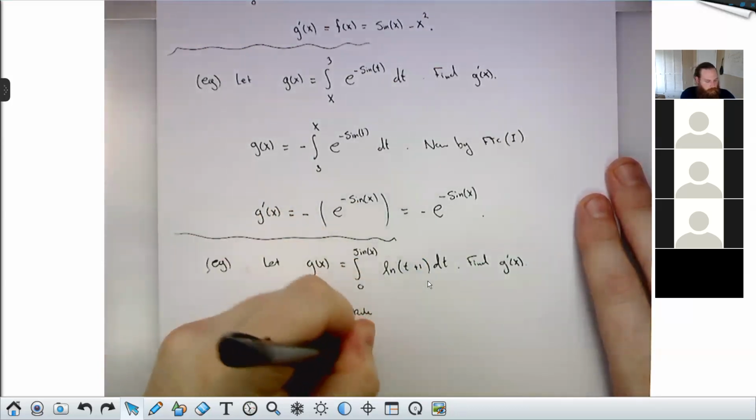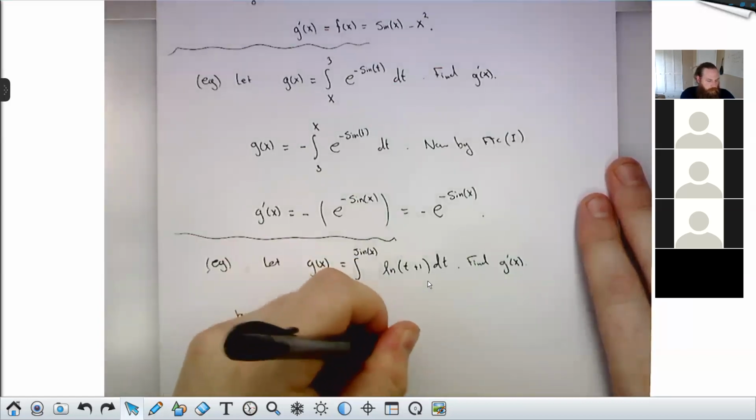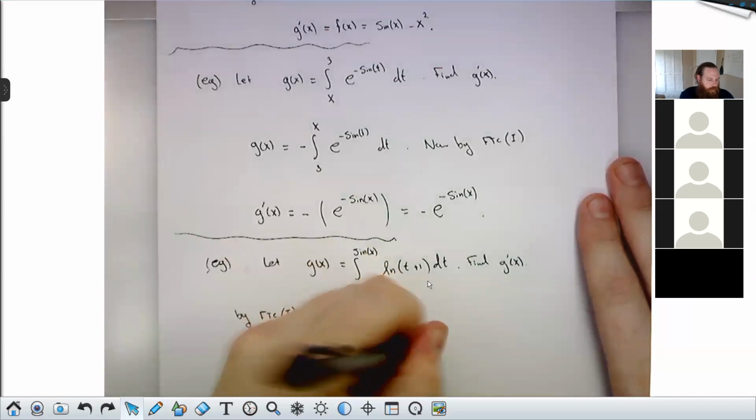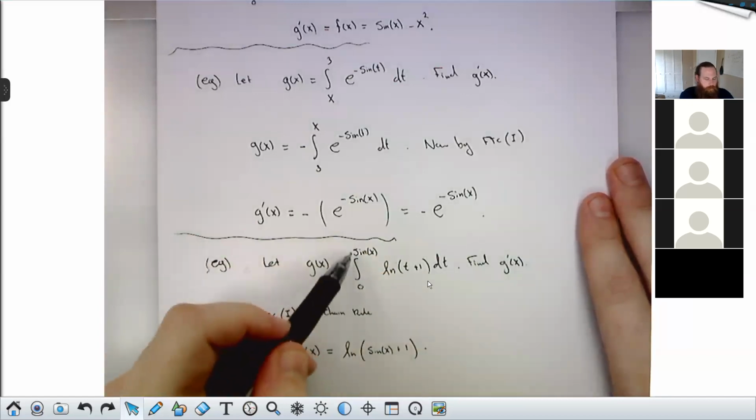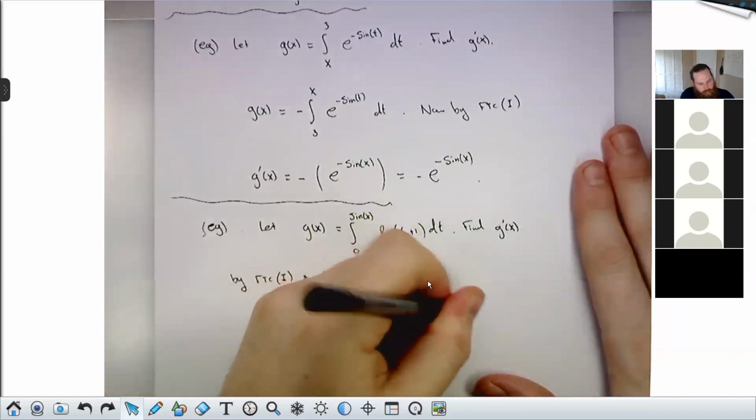So this is the natural log of sine x plus 1. And then I multiply by the derivative of this function. The derivative of sine x is cos x.